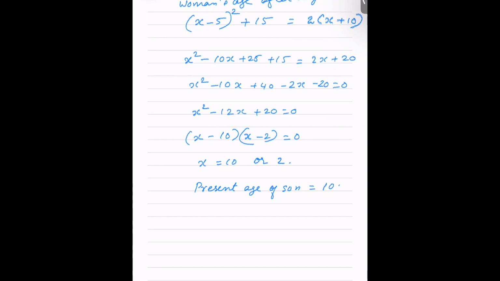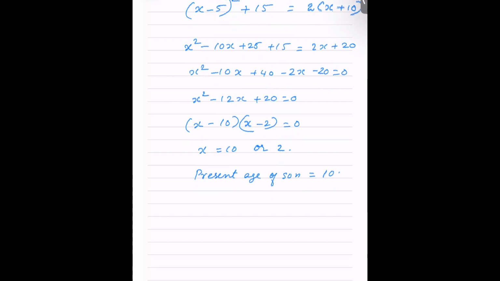The son is not even born at that time when we are considering 5 years back. So we cannot consider 2. We will take only present age of son as 10. So the question here is the age of the son 5 years ago, which is 10 minus 5, which is 5 years.